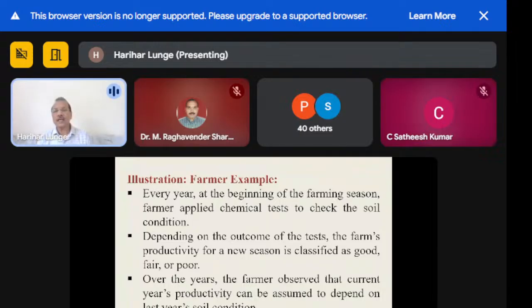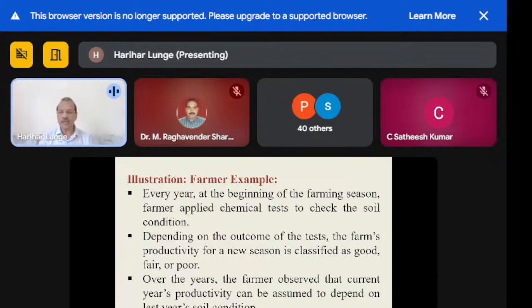So soil condition depends on the chemical test applied by the farmer. As the soil condition changes, the productivity of the particular crop shows an increase or decrease. So this productivity we classified in the three states: good, fair, or poor.